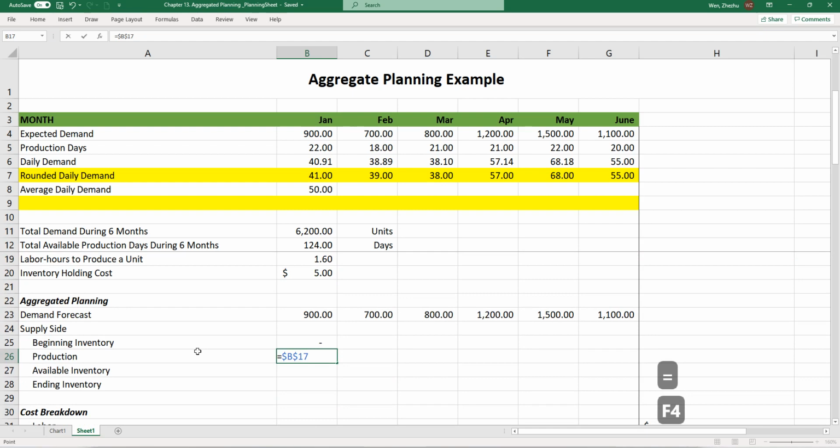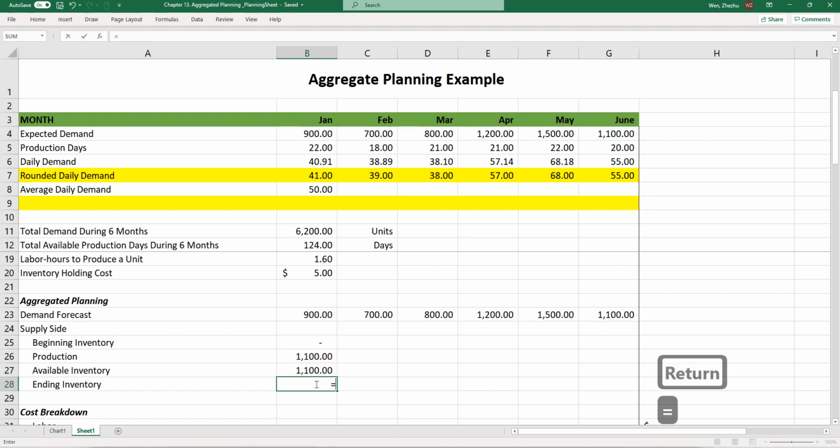I explained the rationale for why it is 50 earlier, and the number of days during January is 22. So we are able to manufacture this many units. And available inventory in that case is going to be the combination of beginning inventory with the actual number of production we conducted during that particular month.